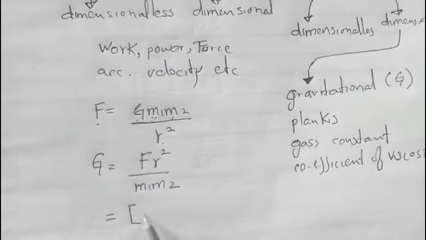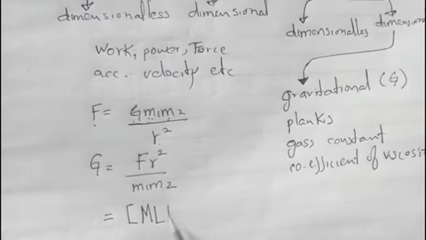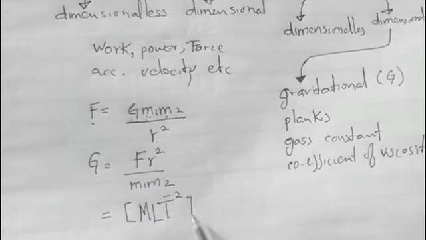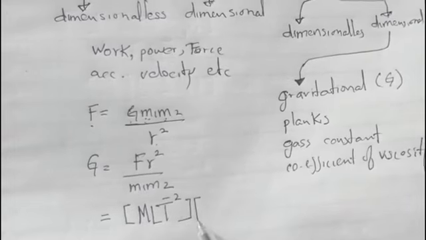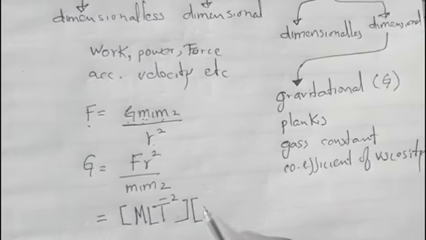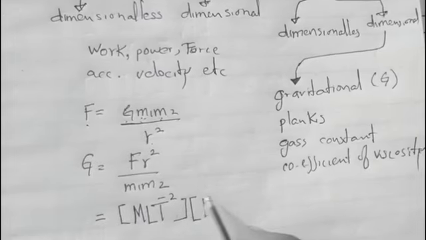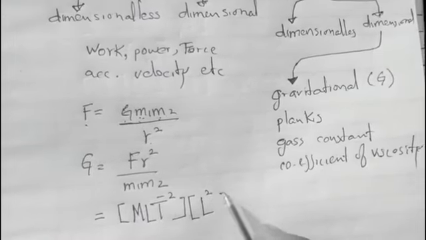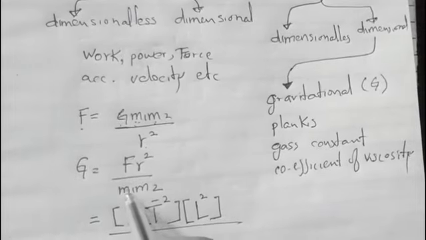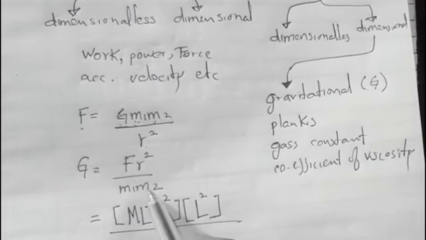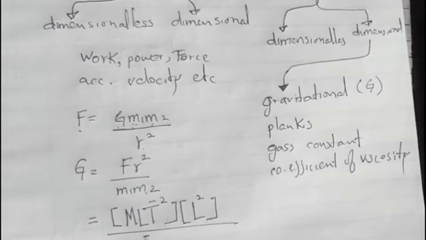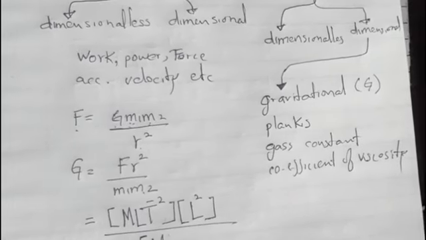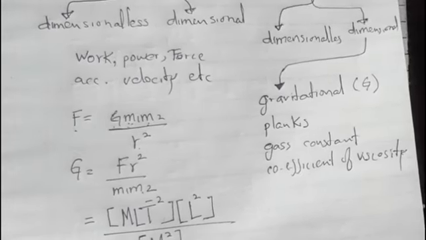Dimensionally, the force is represented by M L T minus 2, as we learned in our previous videos, and length is represented by capital L with a square on it, divided by m1 and m2, the masses. Dimensionally, mass is represented by capital M, and we get a square on it because there are two masses.